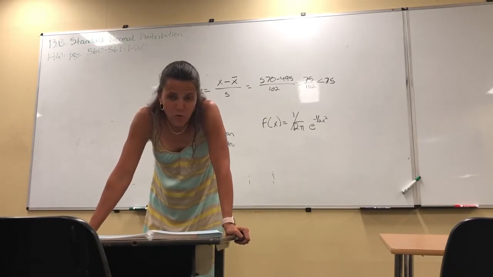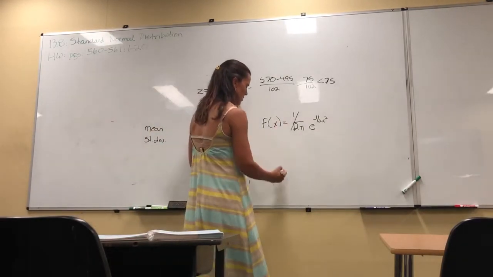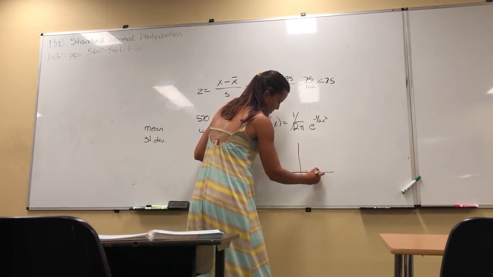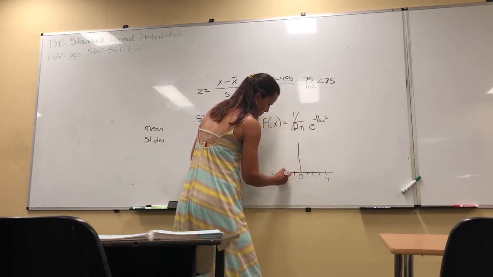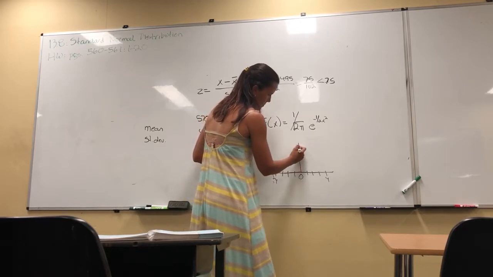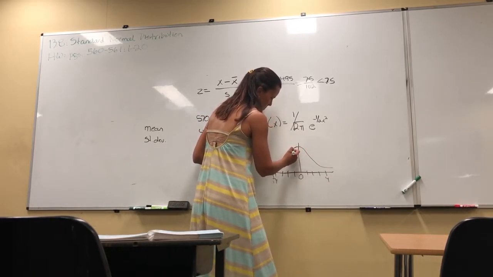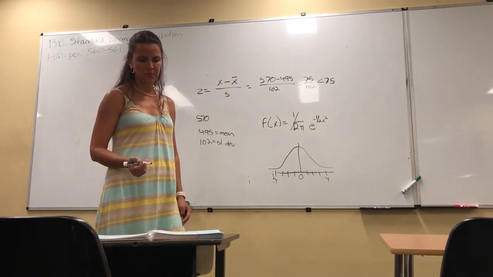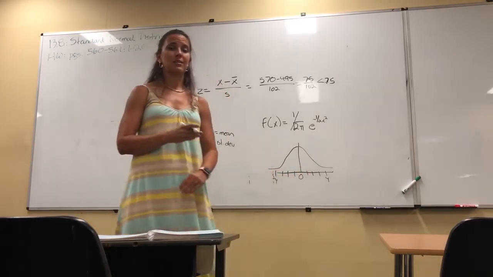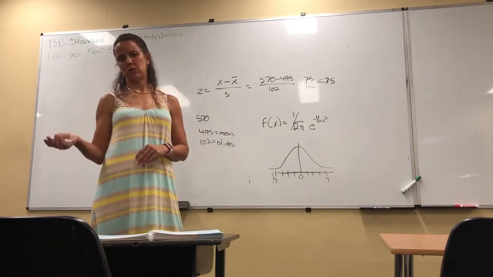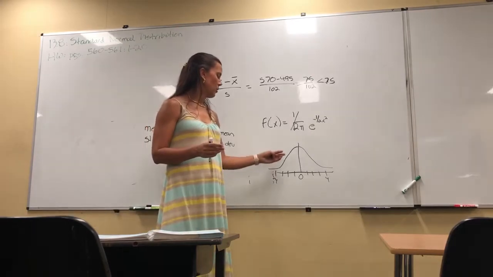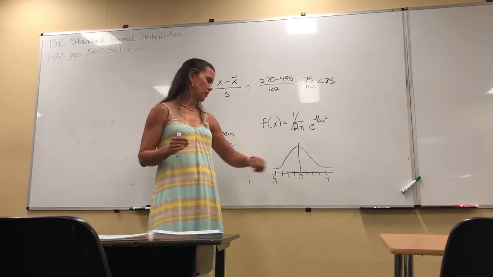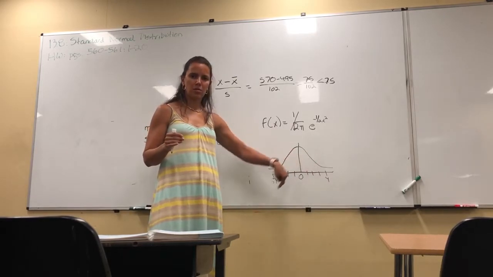Okay? Now, if you graph this function, it looks like this. Right? Graph it on your calculator, test it out. It should look something like this. Okay? And it always looks like this. And there are handy tables, there's one in the back of the book, but you can also find them online, where it'll tell you what percentages your values are. 1 standard, 1 away from your mean, 2 away from your mean, 3 away from your mean.